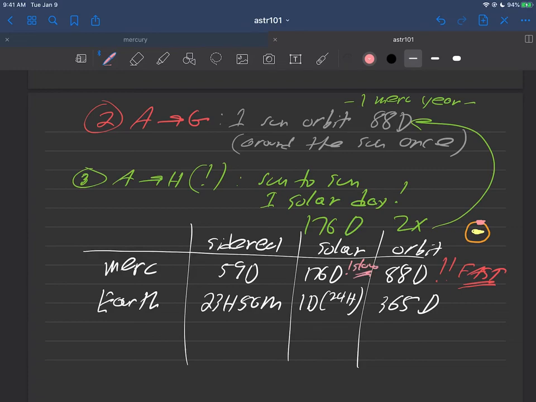So you see the sun at noon, eat your lunch. You're not going to see the sun at noon again to eat your lunch for another 176 days. And that is some of the interesting timing information about Mercury. So I'll have a few more comments about this, but in the next video, I'll tell you one more thing about some odd ratios of its timing of some of these numbers, some odd ratios.